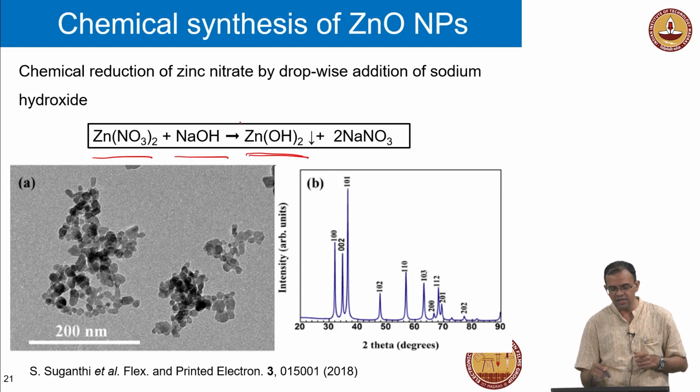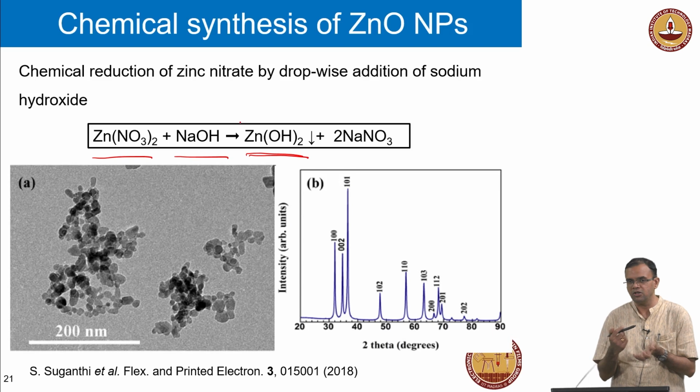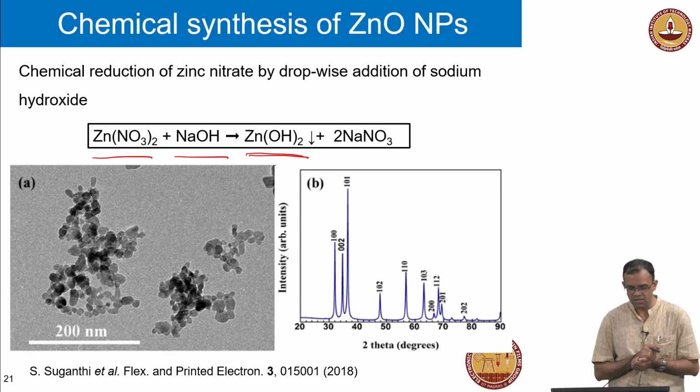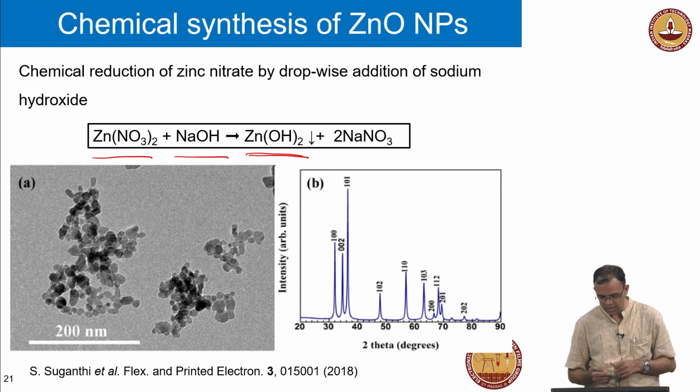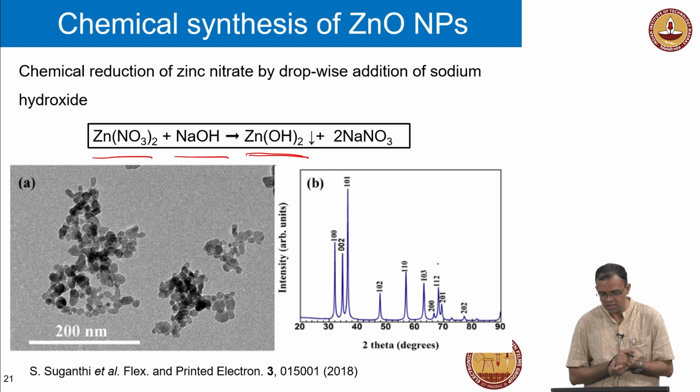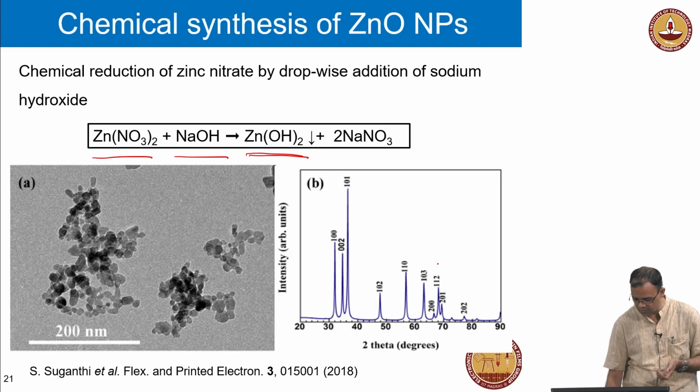When I heat the zinc hydroxide, the water escapes, leaving behind zinc oxide. So we can get zinc oxide nanoparticles, and the X-ray diffraction tells us that this is crystalline. So we don't have to worry about amorphous states. This is crystalline zinc oxide.